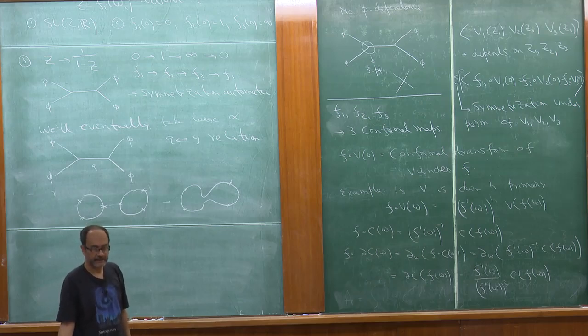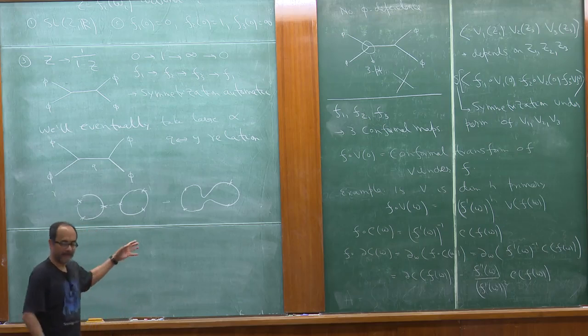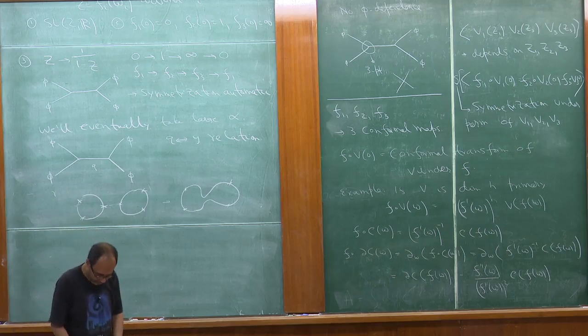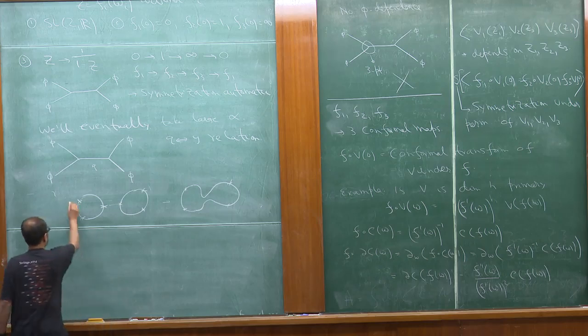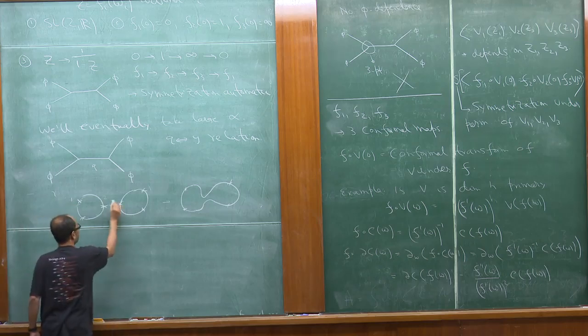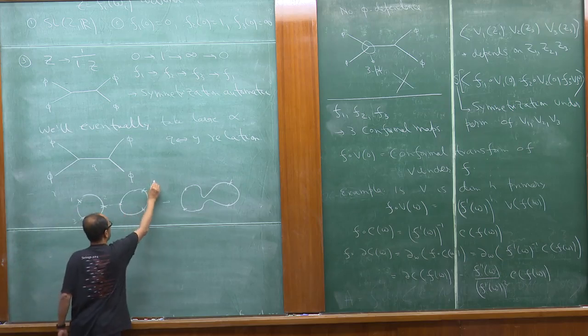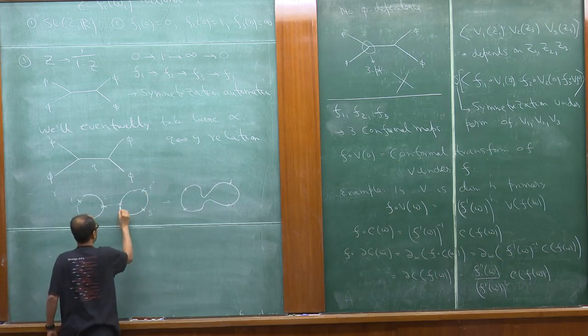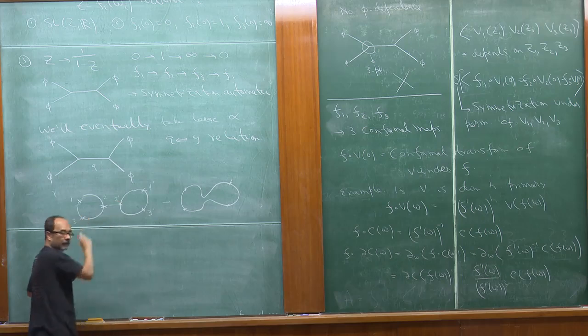Exactly, that's right. And that will be done by one operation, which is of course very familiar. Let us call the punctures 1, 3, 2 and 1 prime, 3 prime, 2 prime, just to label them.